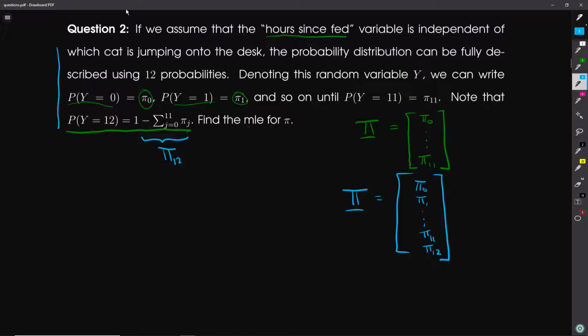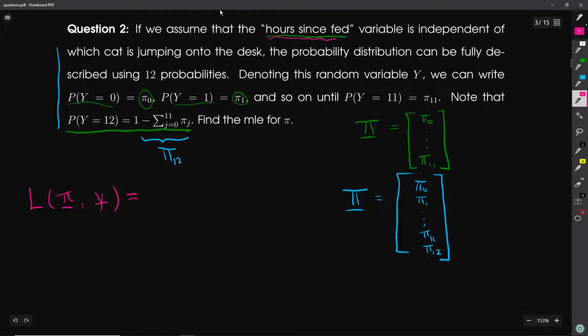So the first thing that we're going to do working with our likelihood function is to write down our likelihood function. Okay, so we're going to start with L, and L is going to take two parameters. The first is going to be pi, and we're writing it with the underline to indicate that it's a vector. And the second parameter is our vector y. So y is going to be observations of this hours since fed variable.